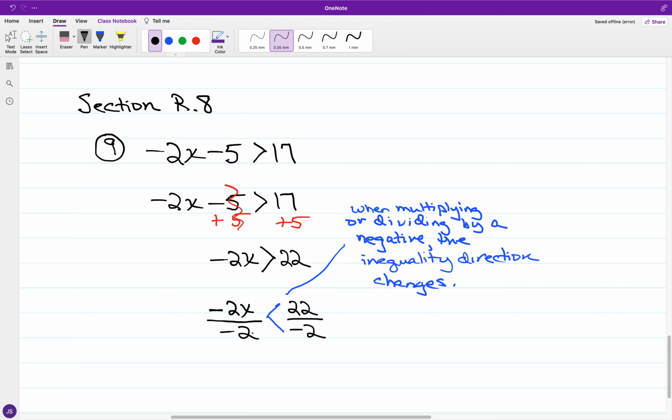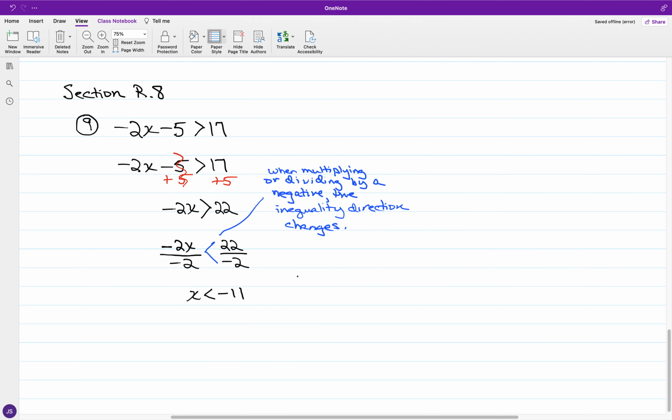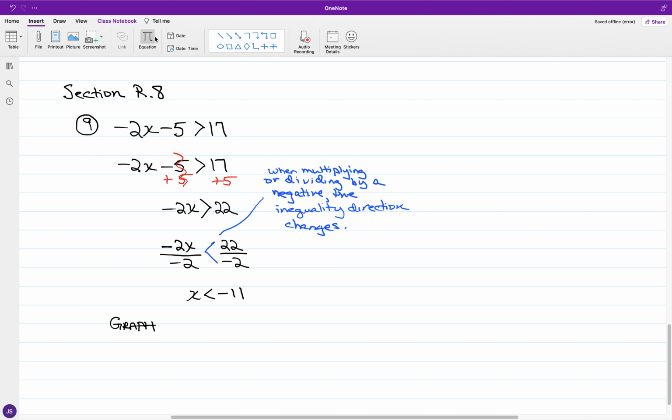So we now have negative 2x over negative 2 becomes x, and 22 divided by negative 2 will become negative 11. So this statement translates to x is less than negative 11, and just giving a little bit of a visual in terms of graphing.